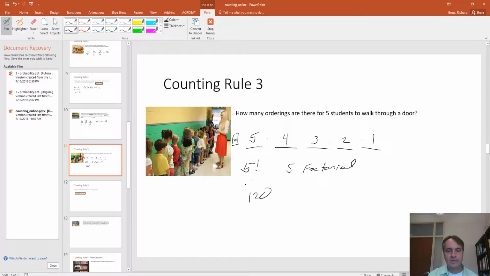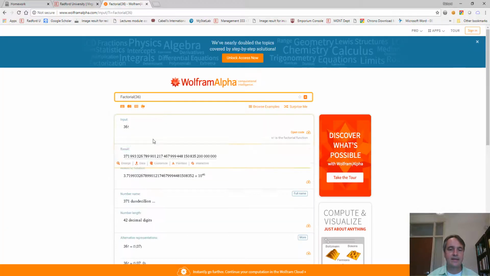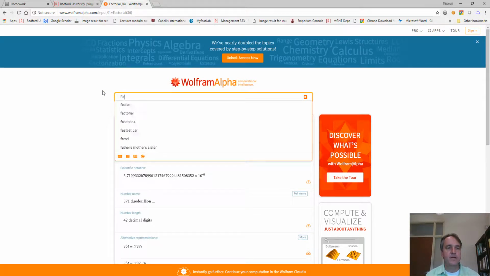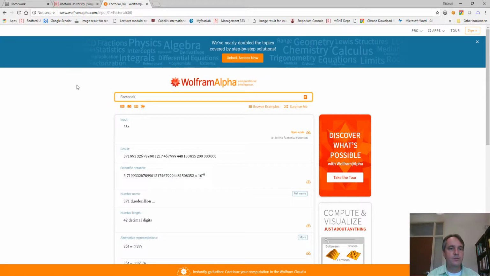Now, the amazing thing about the factorial function is that it grows unbelievably fast. So if we had, say, a class of 10, I'm going to do this rather than doing it on a calculator, which actually can't handle values this large. I'm going to use the Wolfram Alpha computational engine.